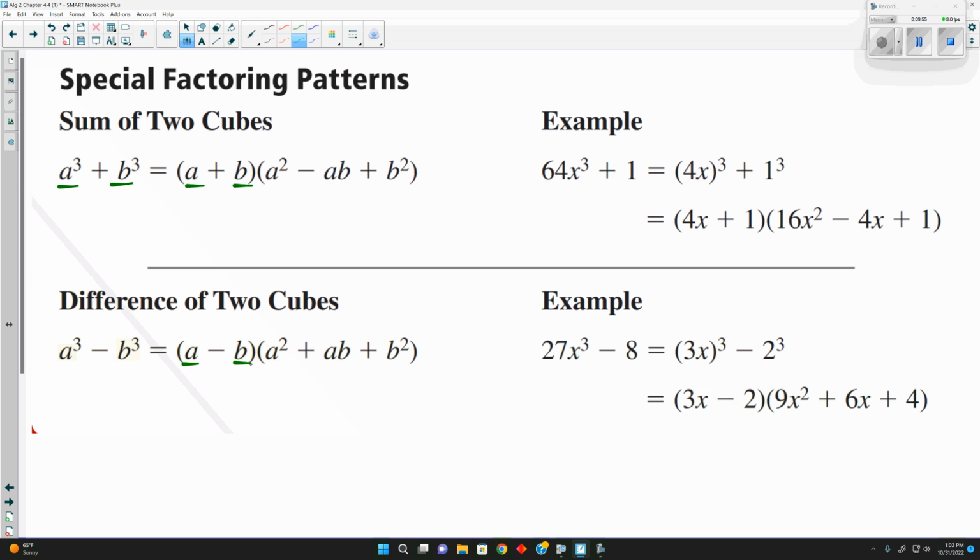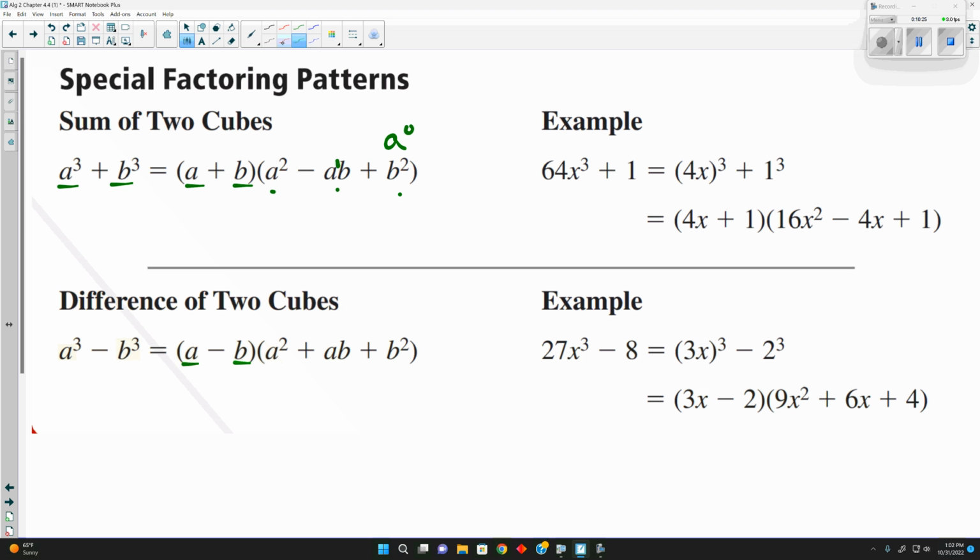In the second one, we start off with a squared, then a to the first, and they don't include it, but the last one is really a to the 0 times b squared. Anything to the 0 power is 1. So we don't include it. But if you notice, the exponents are going 2, 1, 0 for the first term.